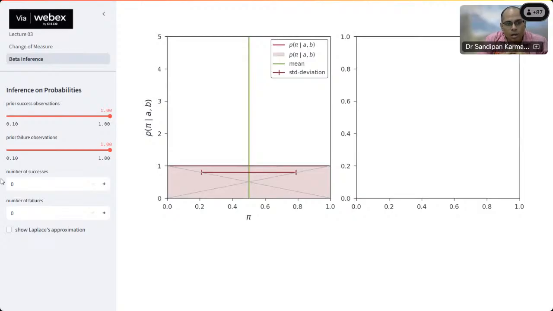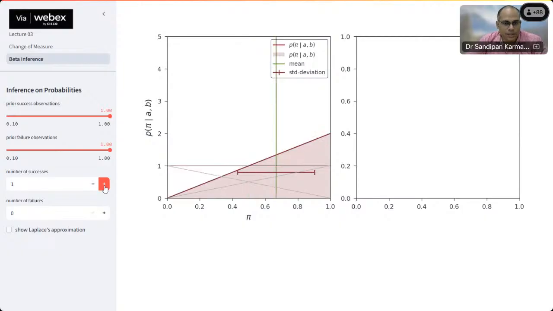So suppose I'm counting heads or tails. Suppose the first one landed in head. Your posterior becomes a kind of triangle, and it is towards 1.